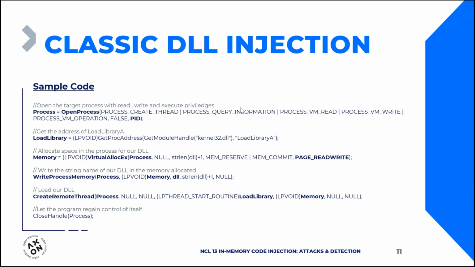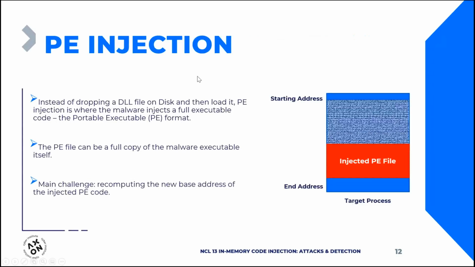Okay, let's move on to the next technique. The next technique is called PE injection. In PE injection, I'm not writing anything on the disk. I'm not writing a DLL and then pointing to it. I am injecting an executable file, an exe file, directly inside the target process.